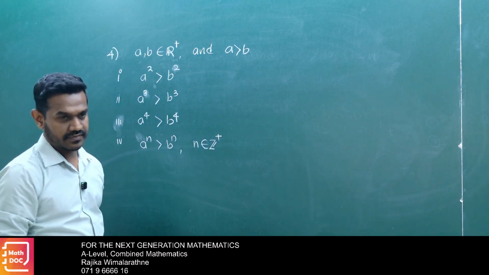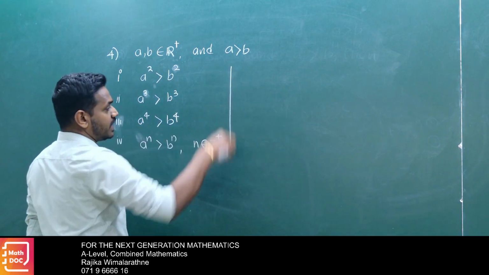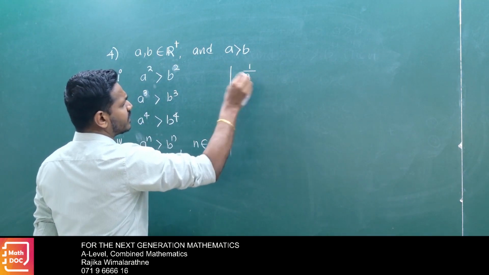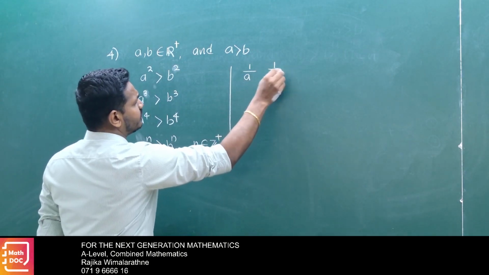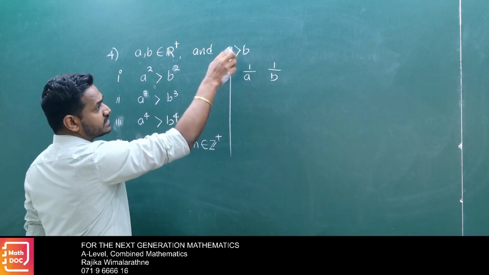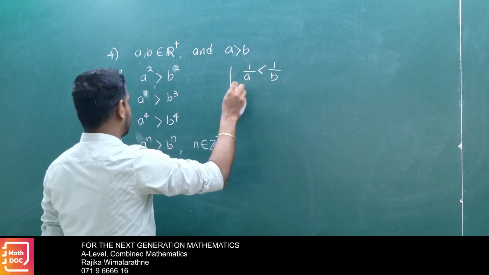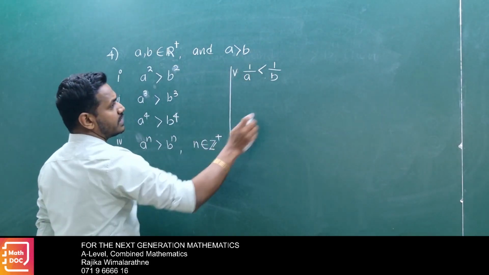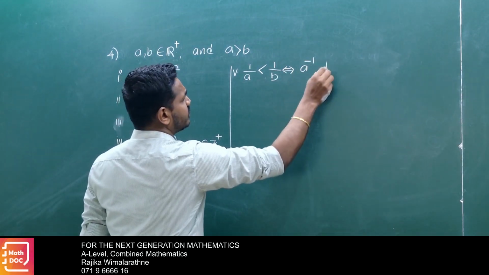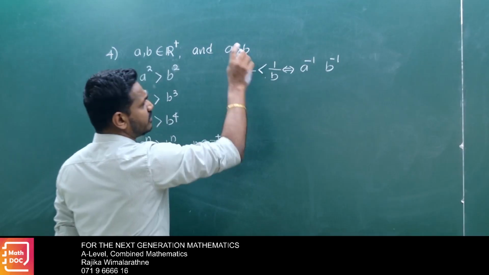Likewise positive integer powers. But if you get negative integer powers like 1 over A, 1 over B, so for negative integer powers, we have to reverse this sign. Reverse the sign. Okay. So another way, A to the power minus 1, B to the power minus 1. So we have to reverse the sign.